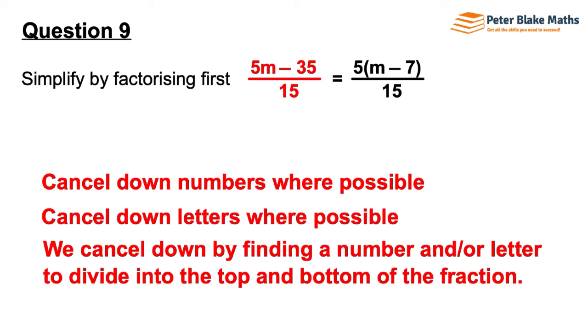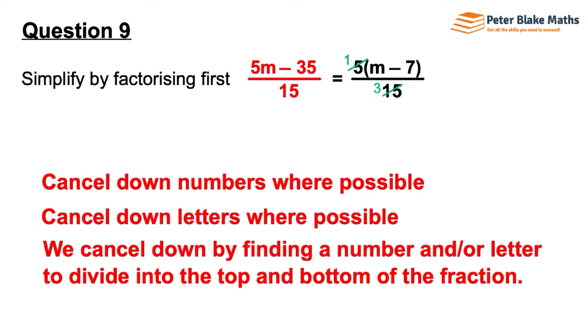We've got a 5 on the top and a 15 on the bottom. So I think 5 could go into the top and the bottom here. So we could divide 5 into the top and goes once, and 5 into the 15 and goes 3 times. It's good to write those little numbers there for the next step when we have to simplify further here. So that's cancelling down the 5s there.